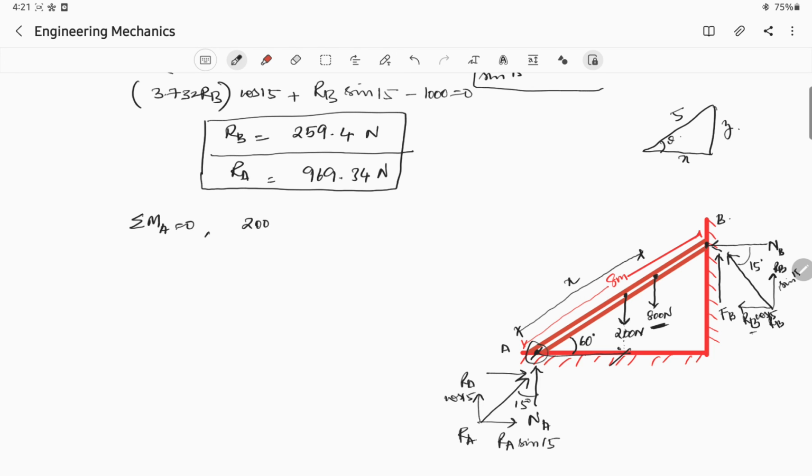If I want to calculate x, what is cos theta? Cos theta is adjacent by hypotenuse, that is x by 5. So x is equal to 5 cos theta, isn't it? So the horizontal distance x is equal to 5 cos theta.